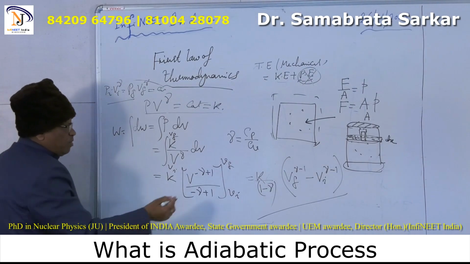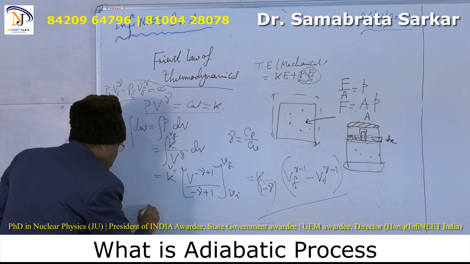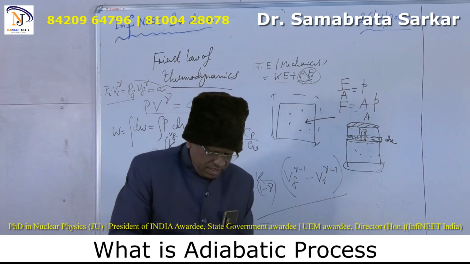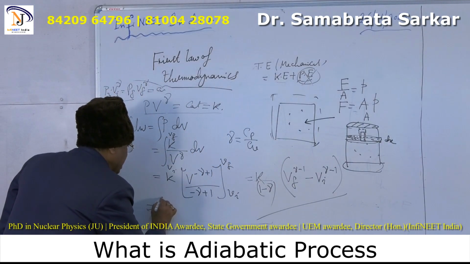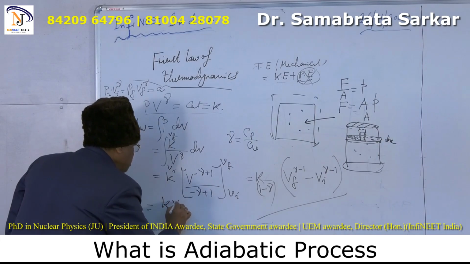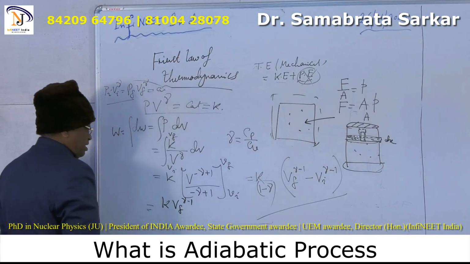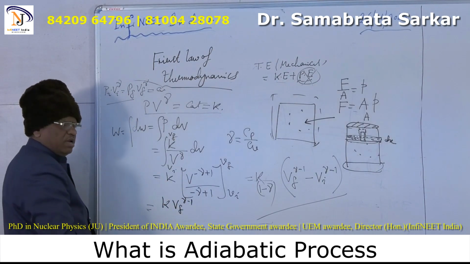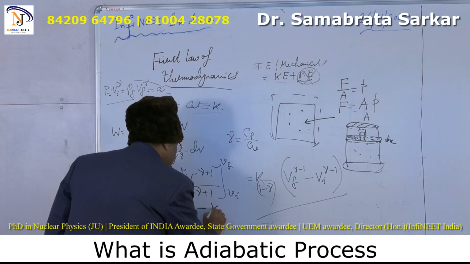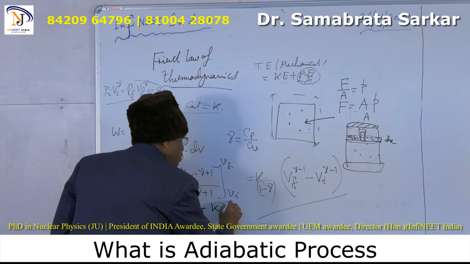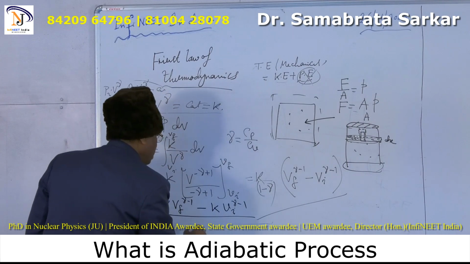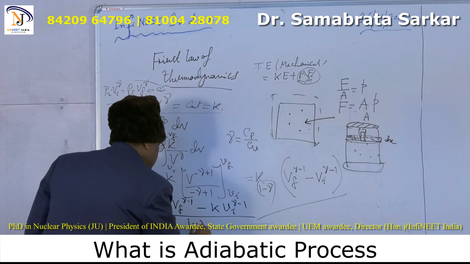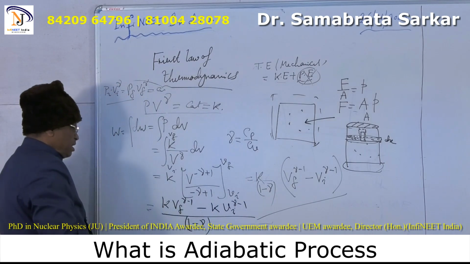I am eligible to write like this: K times Vf to the power gamma minus 1 minus K times Vi to the power gamma minus 1, divided by 1 minus gamma.